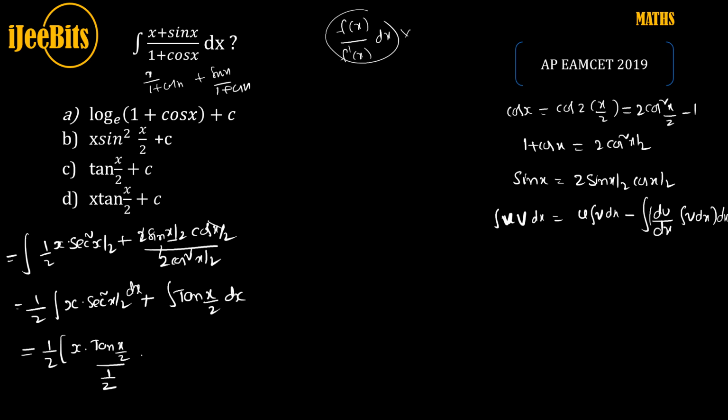Next one, minus integration of du by dx. U means x. Differentiation of x is nothing but 1 only. So then integral of v dx. Integral of v dx is how much? Just now we did this one, right? Tan x by 2 by 1 by 2.